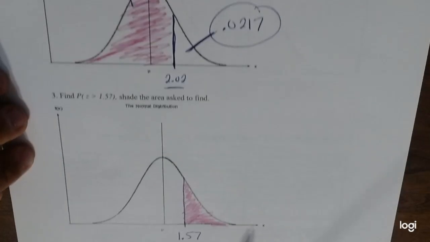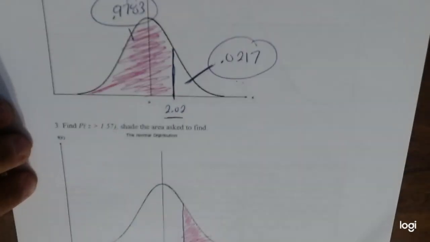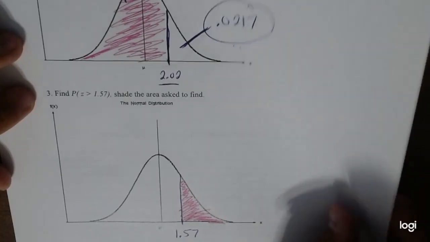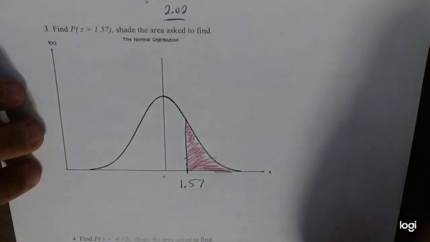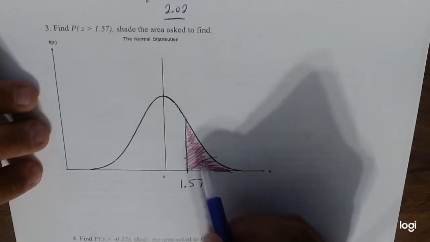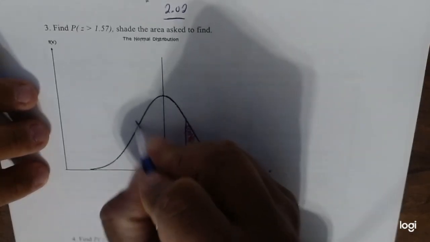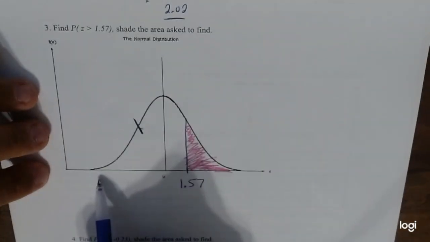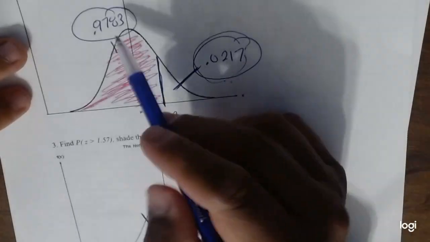Unfortunately, our z-score table only gives you area to the left, which means we cannot find that automatically, but we do one extra step. So first we have to find the area to the left of 1.57, because the whole question now is we're looking for this number, not that anymore.